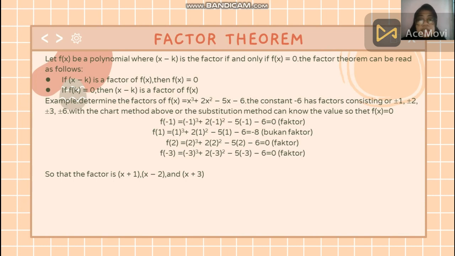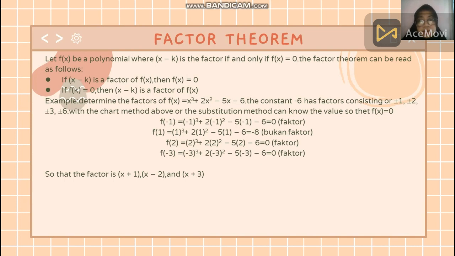Example: determine the factors of f(x) equals x to the power 3 plus 2x to the power 2 minus 5x minus 6. The constant is minus 6, whose divisors are plus or minus 1, plus or minus 2, plus or minus 3, and plus or minus 6.